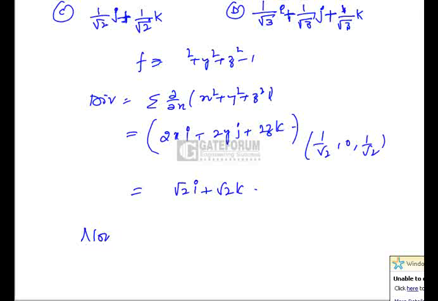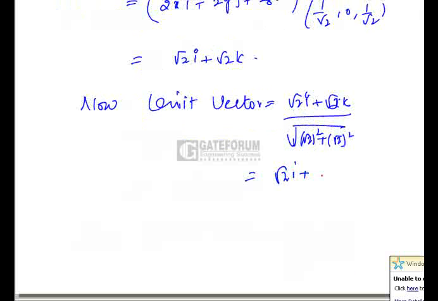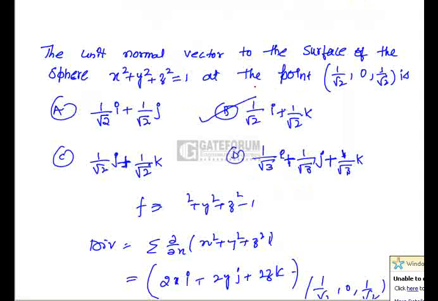Now the unit vector along this is nothing but root 2i plus root 2k divided by root of root 2 square plus root 2 square, which is root 2i plus root 2k by 2, which can be written as 1 by root 2 times i plus 1 by root 2 times k, which is nothing but option B.